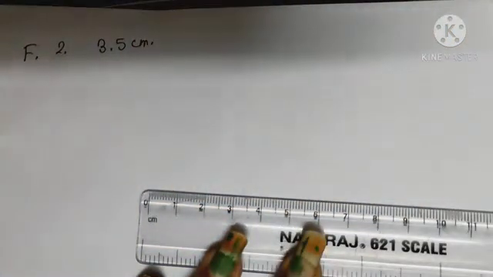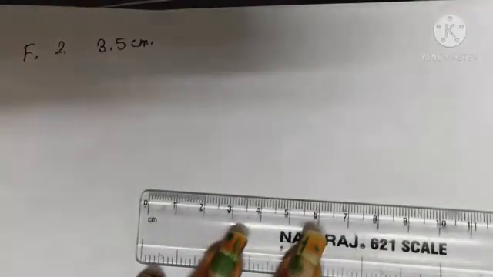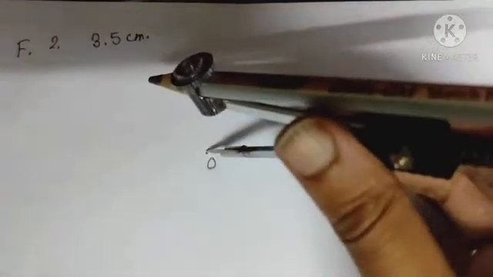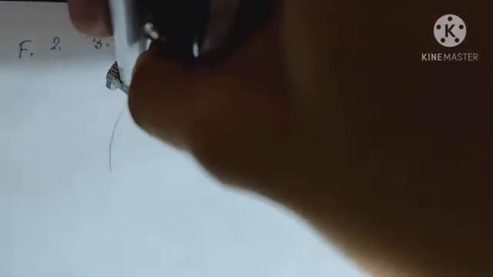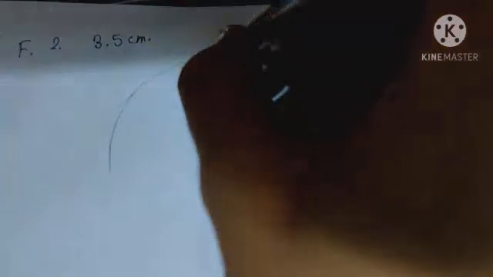Now we make a point O on paper. Now we place the metal tip of the compass at O and turn the compass around so that it traces a circle.